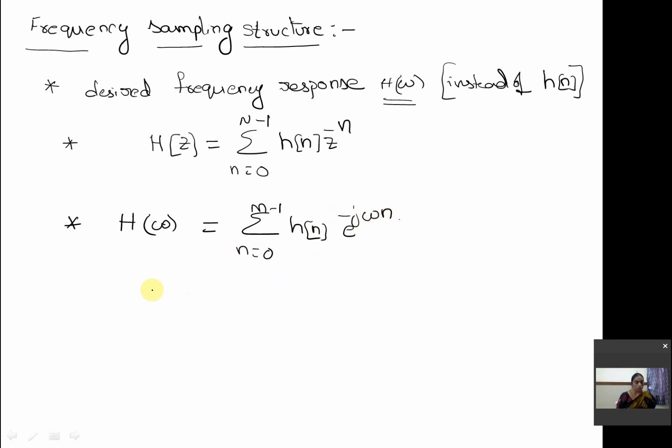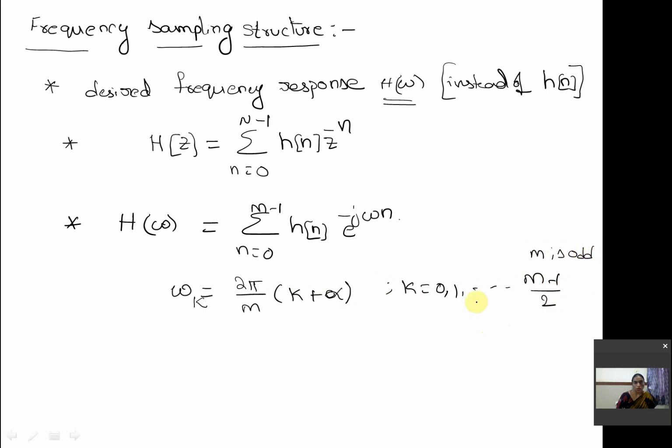Now here omega is in sampled form; we take the samples of omega. It is of the form 2 pi by M into k plus alpha. Here k is 0, 1 and so on up to M minus 1 by 2, where M is odd.